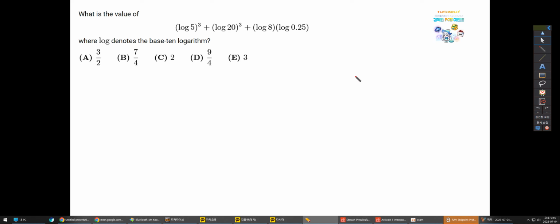Yep, so in this case, let's say log 2 is x. In such a case, we can say log 5 is 1 minus x, because 1 is log 10 in this case.